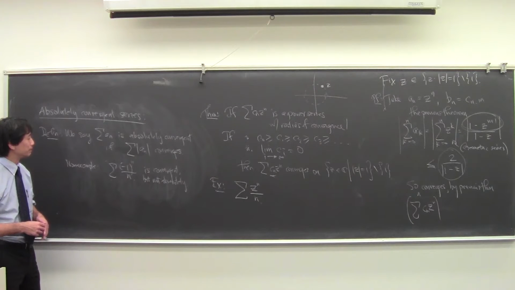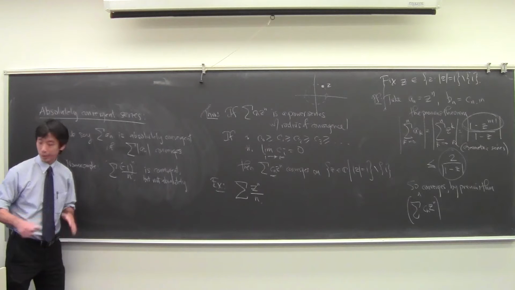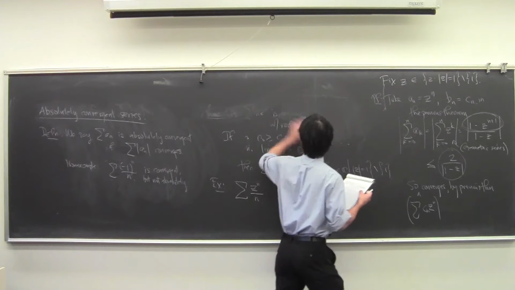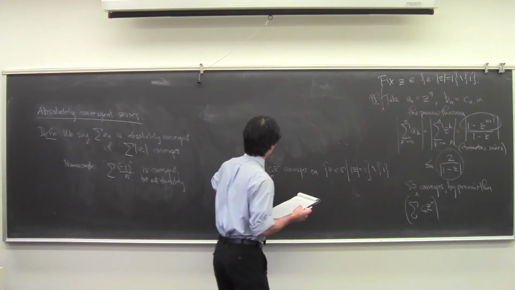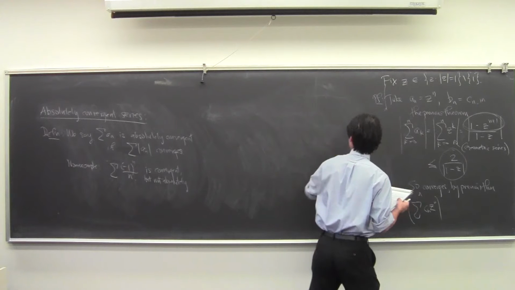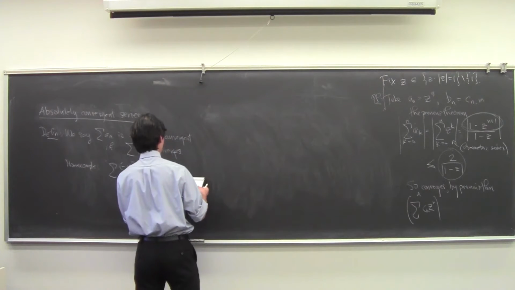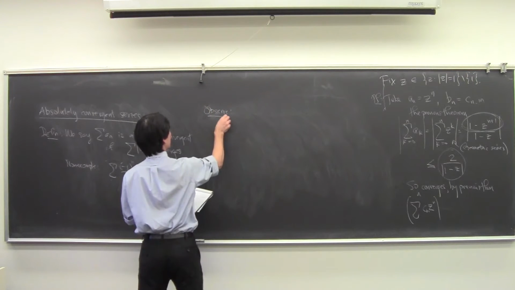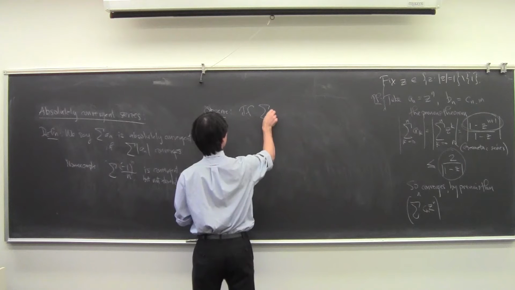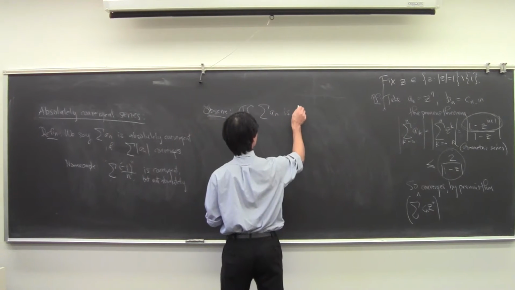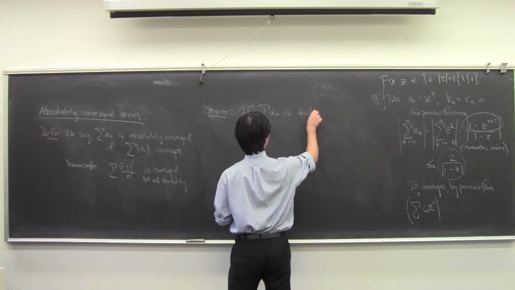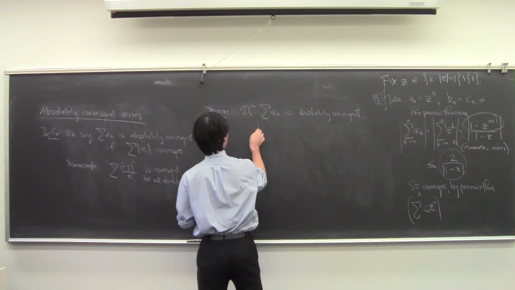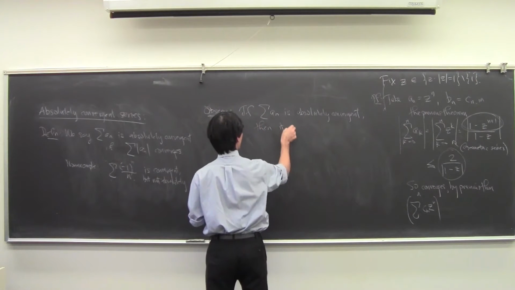So the main observation: if a series is absolutely convergent, then it converges.